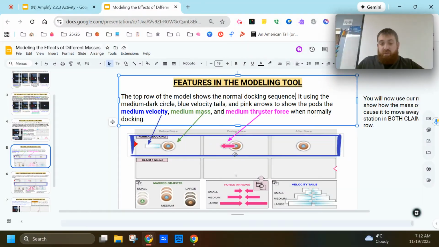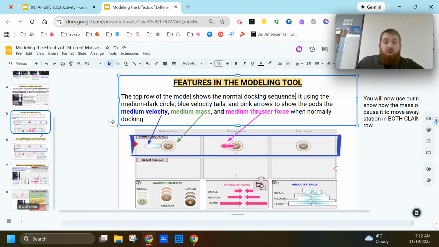We have pink arrows in the during force part, and then here we have nothing in terms of velocity or force arrows. And if you notice, it's showing that the pod had a medium velocity, we see that with the medium velocity tail here. It had a medium mass, which we show here with object B for looking at our mass objects, and the medium thruster force was normal, allowing it to dock. So that's what should have happened.